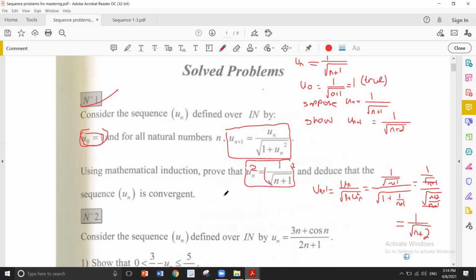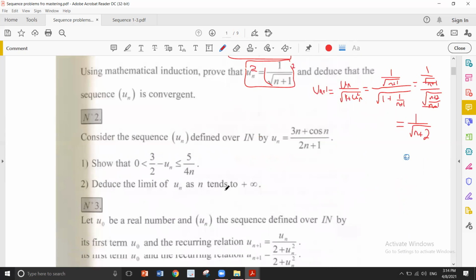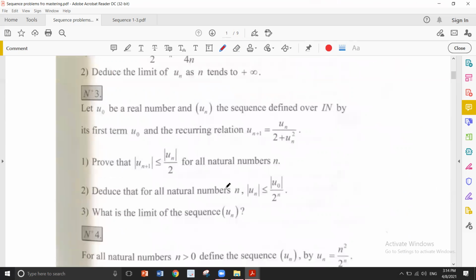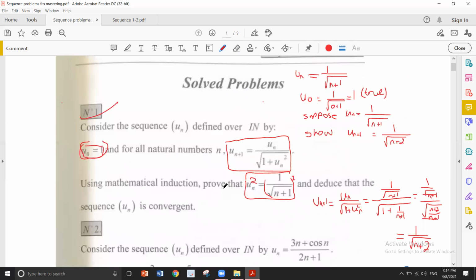Deduce that the sequence un is convergent. How to deduce un is convergent? A student asks why the proof was done a certain way, and the teacher explains. How to prove that it is convergent?